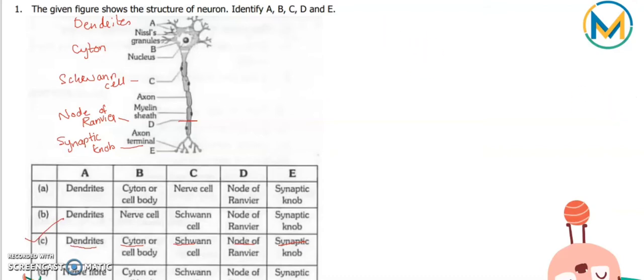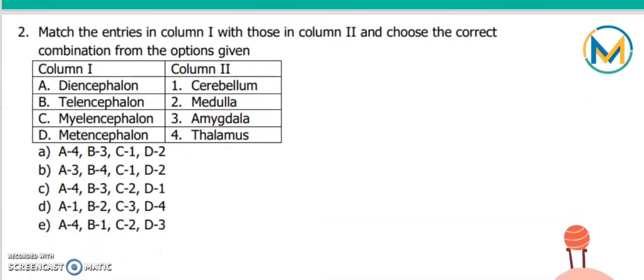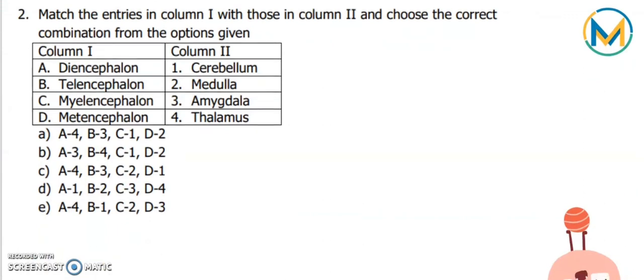Looking towards the next question, match the entries in column 1 with those in column 2 and choose the correct combination from the options given. Now column A is a part of brain and column 2 is the subparts. So diencephalon from column A consists of thalamus. So that's 4.